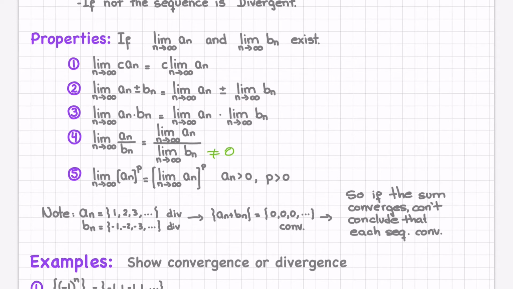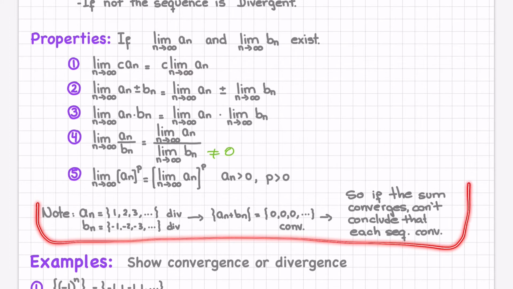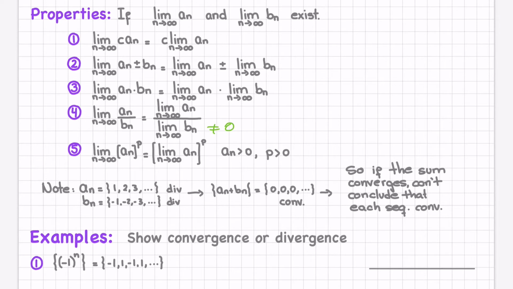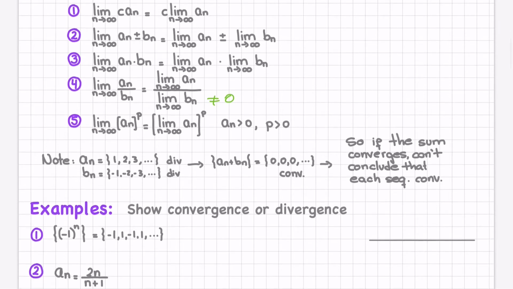You can conclude that if one is divergent and one is convergent, this is divergent. But you cannot conclude that if this is divergent and this is divergent, this one diverges. You can't say that, and here's an example. So addition of convergent sequences is convergent, but addition of divergent sequences is not necessarily divergent, as you can see in the example.